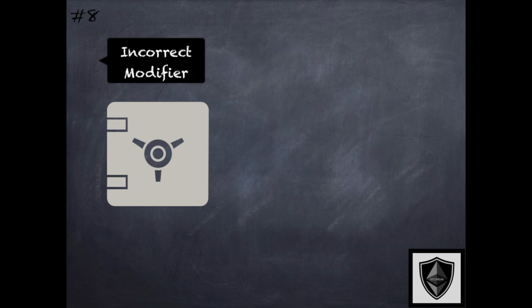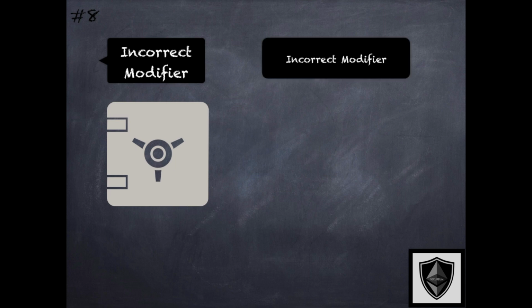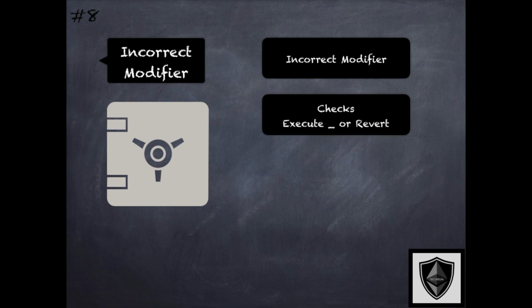Incorrect modifiers are a security risk. Modifiers should not only implement the correct access control or accounting checks as relevant to the smart contract logic, but they should also execute underscore or revert along all the control flow paths within that modifier.